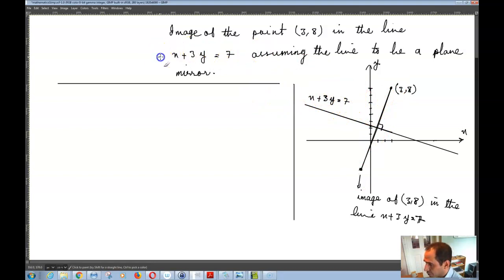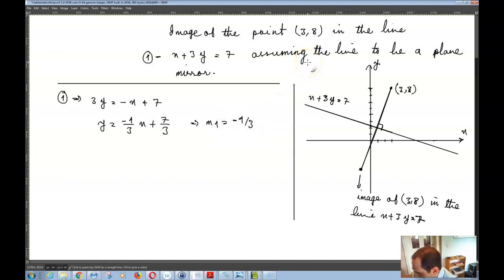If I call this line 1, then 3y is equal to negative x plus 7, so y is equal to negative 1/3 x plus 7/3. And so over here m1 is equal to negative 1/3.